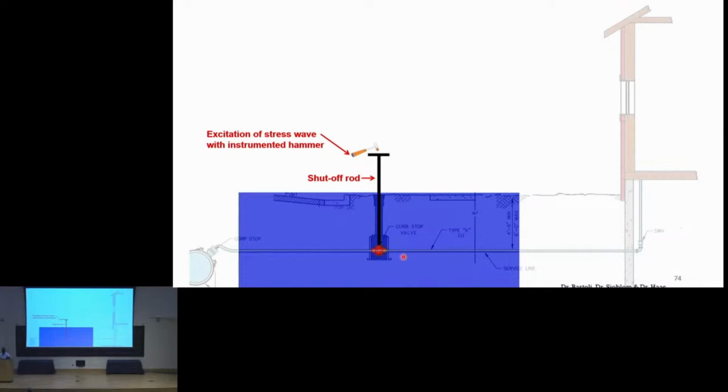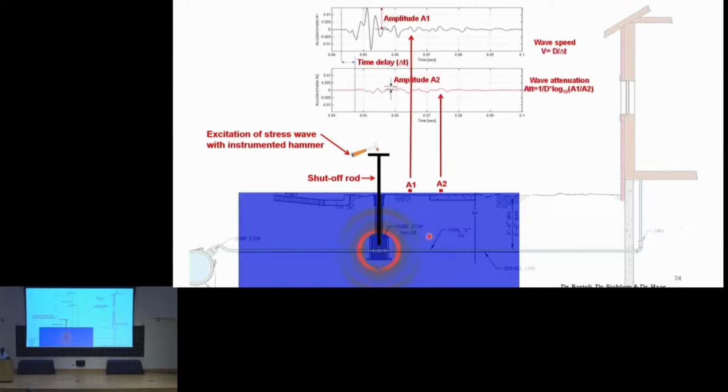When we hit it, the energy will travel through this rod to the service line, and part of the energy will leak to the surrounding soil, and we can capture that energy using pre-installed sensors. By calculating the time of arrival between these two sensors, we can calculate the speed of wave propagation in the service line, and using that speed feature, we can differentiate different materials.